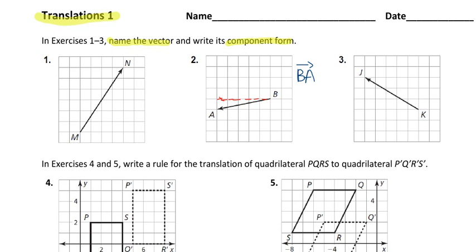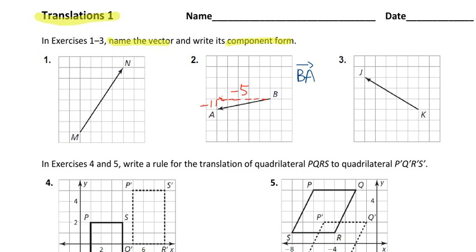So we're going 5 to the left, and because it is to the left, it is -5. And then we go 1 unit down, and because it is down, it's going to be negative as well. We talked about this in the last lesson. If it is to the left, it's negative, and if it is down, it's negative. If it is going up, it's positive, and if it's going to the right, it's also positive.